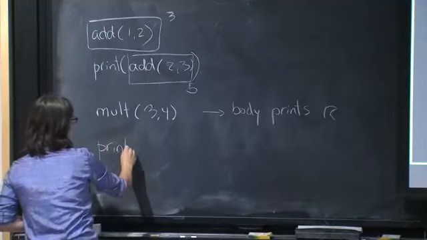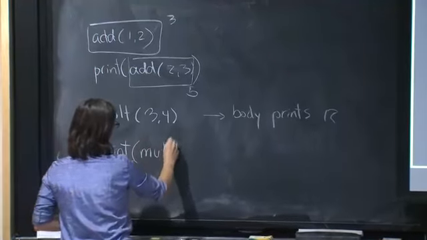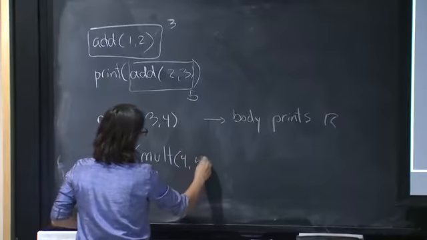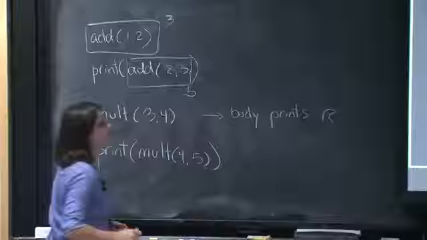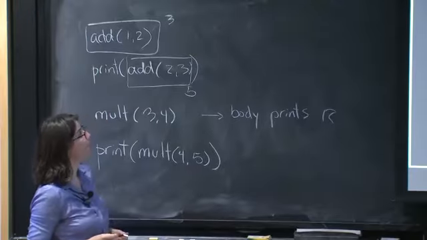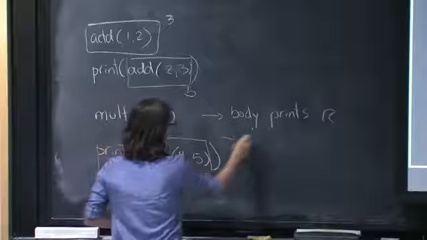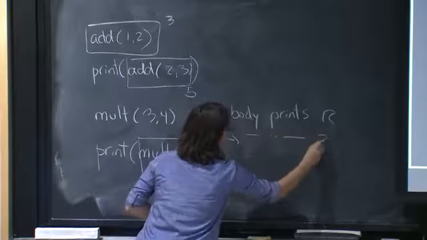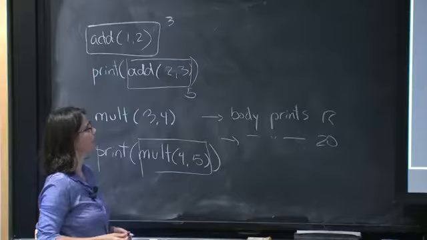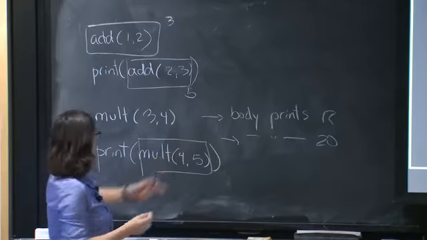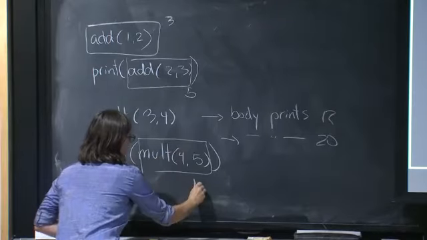And lastly, what if we put a print statement around the mult 4, 5? What will that print? Yeah, exactly. 20 then none. So the mult itself is going to print, same as there, it prints the 20. So the function call returns none.